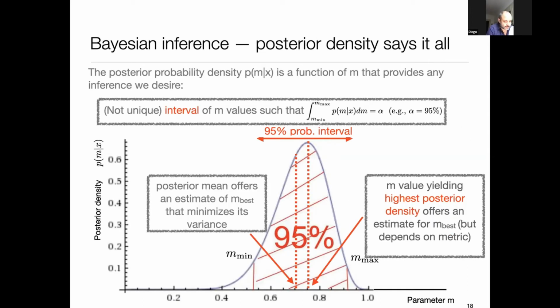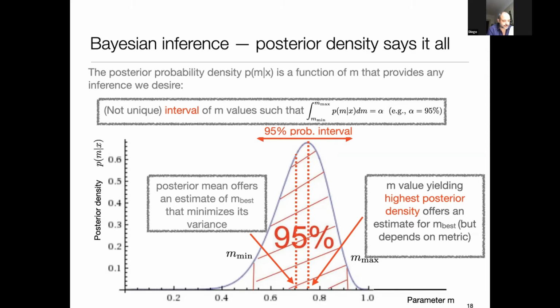So this simple example was meant to convey the concept that in Bayesian inference, the posterior density says it all. If you manage to determine your posterior probability density, you have all you can possibly desire to have the best inference.